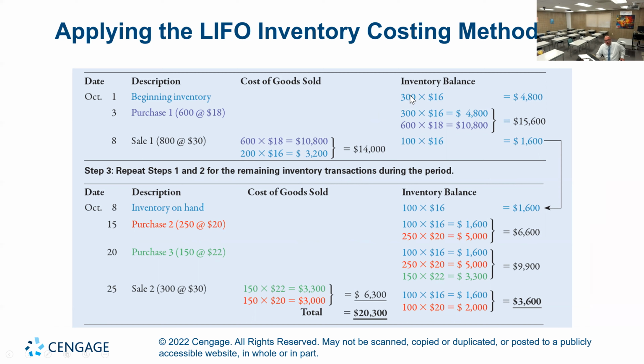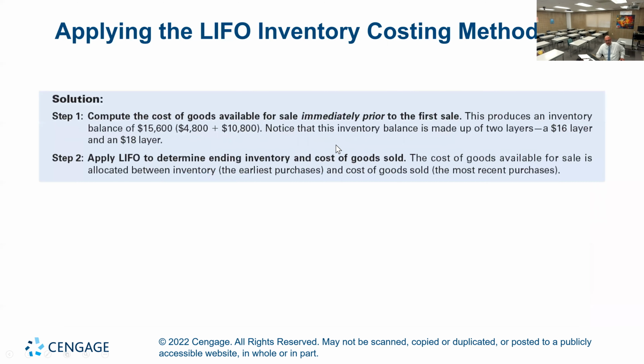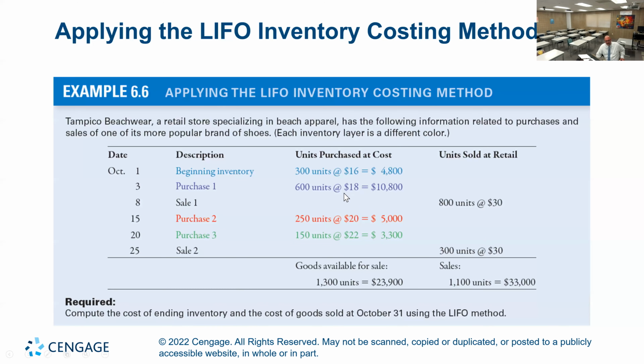We're going to sell 200 of those. So we could have found our cost of goods sold for that particular sale. We're just working backwards this time. Of the 800 units, 600 came out of here, 200 of them came out of here. So I still have 100 units at $16 left at this point in time after that sale.